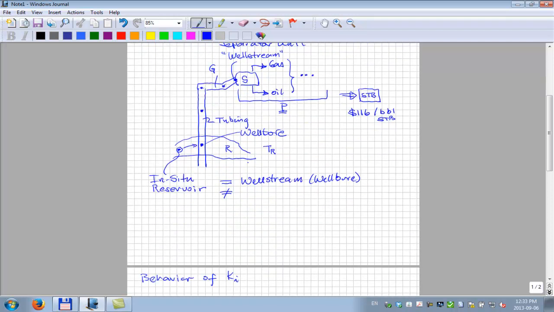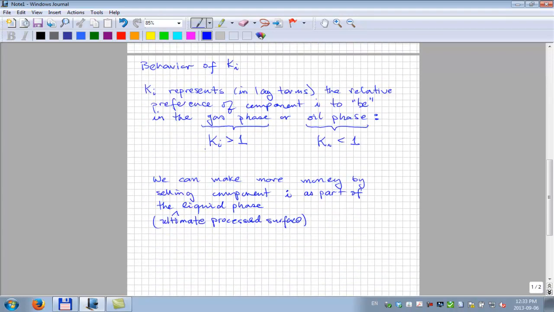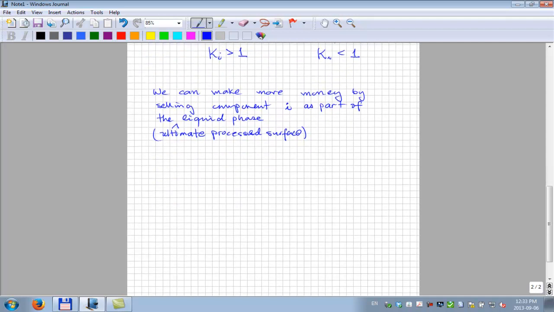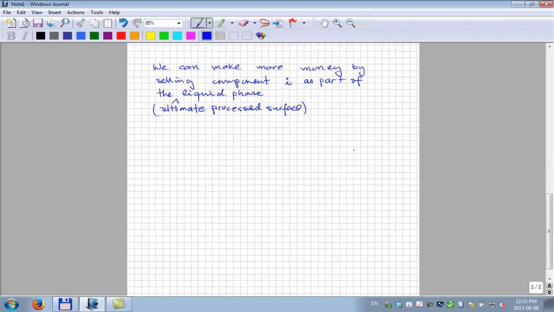And they basically do that to try to keep as many of the components with as low a K value as possible. You want a low K value to keep that component in the oil phase. You want it as low as possible. Okay? That's the deal. And it's generally somewhere between 5 and 10 times the value than if the component is sold as part of the gas phase. It depends on the gas price.